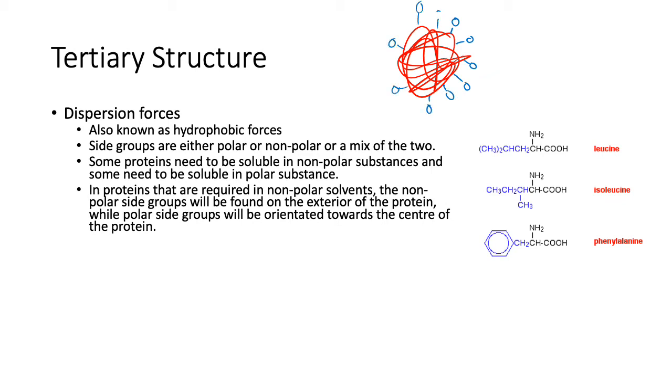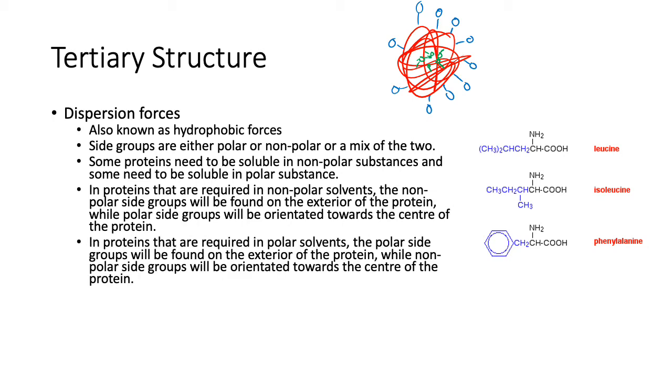This is a spherical thing, but all the non-polar things will be on the outside, and all the polar side groups will be on the inside, sticking together in the polar end. That's if you want it to be in a non-polar solvent like a lipid bilayer.